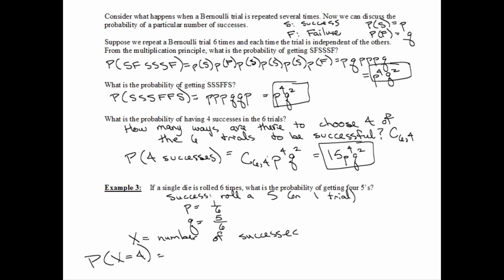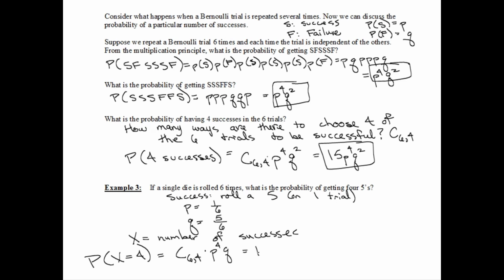So here we're going to write the probability of getting 4 successes, meaning the probability that our number of successes is 4, is going to be combination 6, 4. So we have 6 trials. We're going to choose 4 of them to be successful, multiplied by P to the 4th Q squared. We just did this little calculation above.